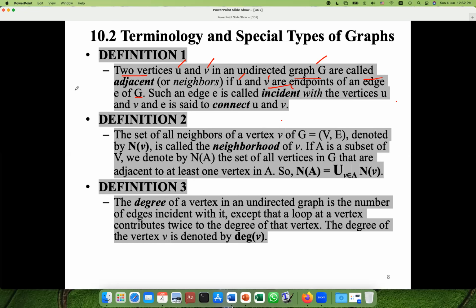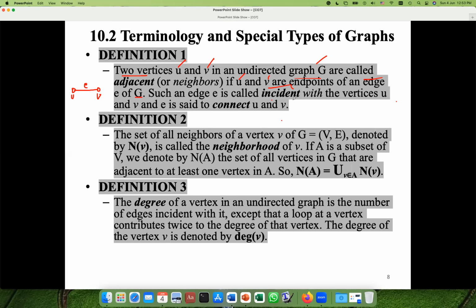If there is an edge like that, and you have these two vertices, I'm just giving you a small example. If this is the edge E, you can call it so: edge E is called incident with the vertices U and V. If this is U and if it is V, you can call that this edge is incident, which means connected with the vertices U and V. You can also say it like that.